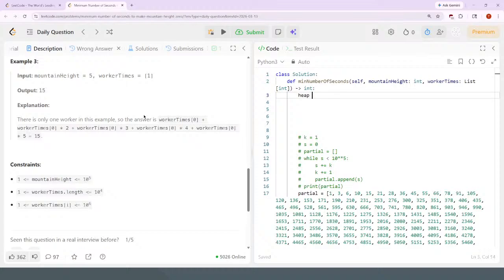So heap is time, maybe the number of reductions, and so it'll be 1. Okay. For every time in worker times.